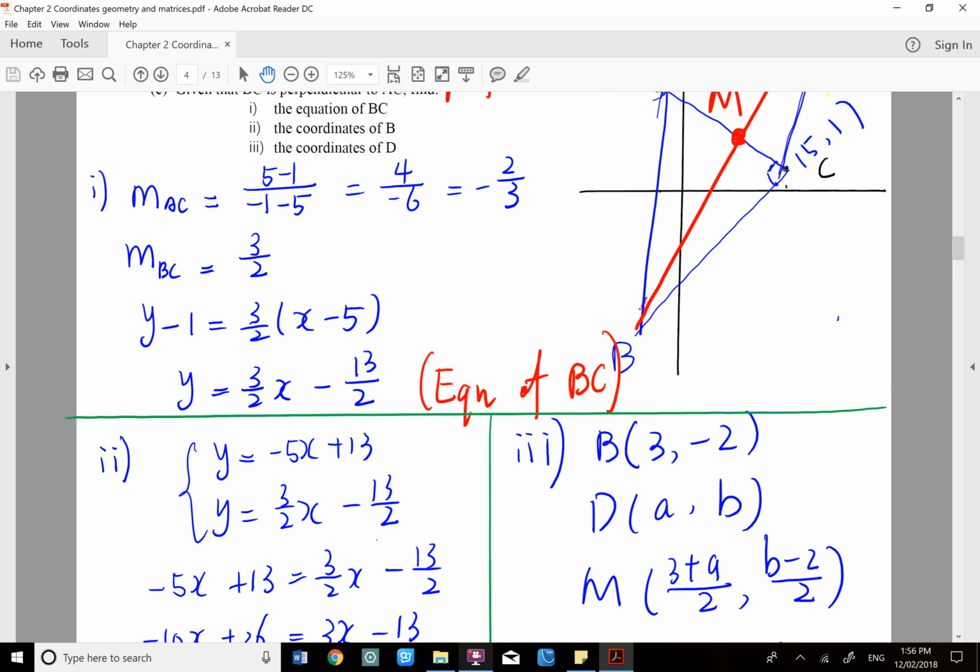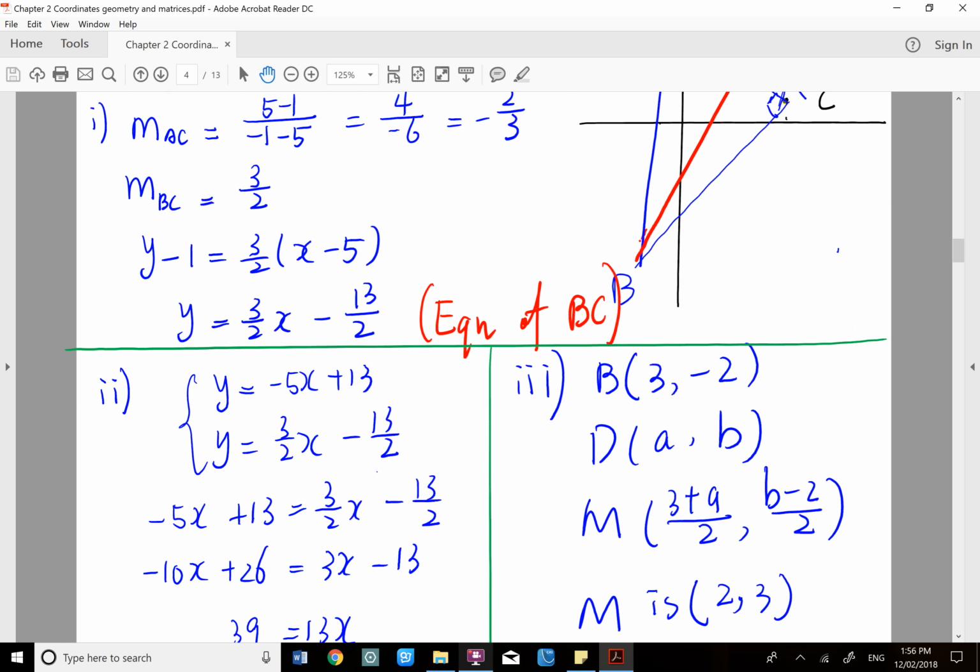And the second part asks for the coordinates of B. Can you see that B must be the intersection between the red line and the line we just figured out? If you sketch it, you will know that will be the intersection. So we simultaneously solve the equations of BD and BC.